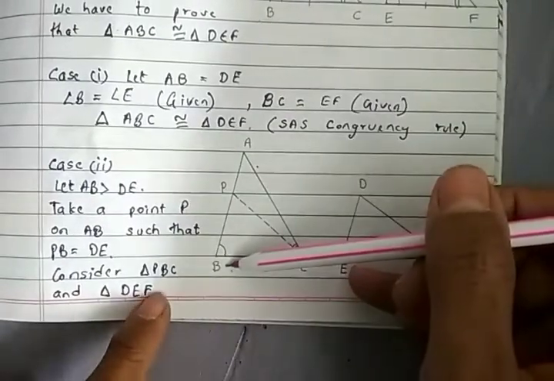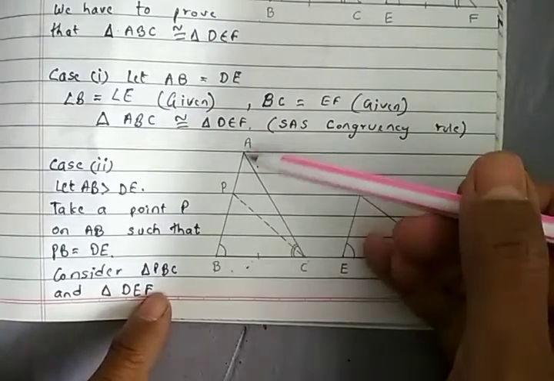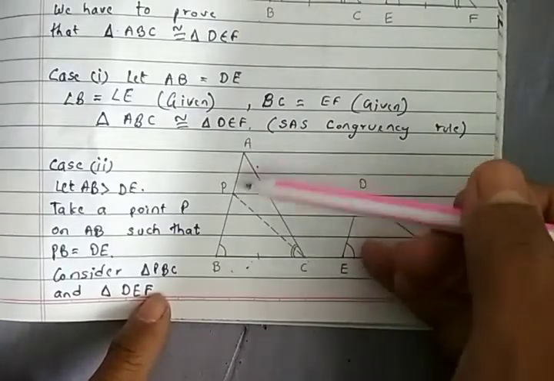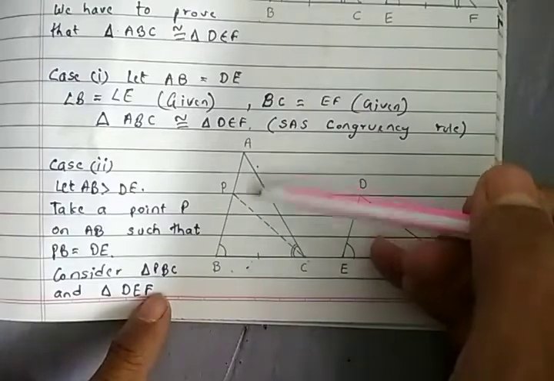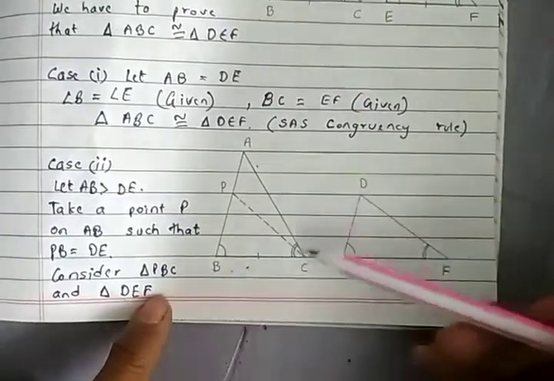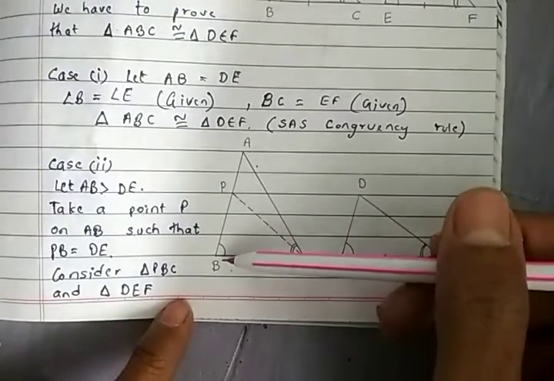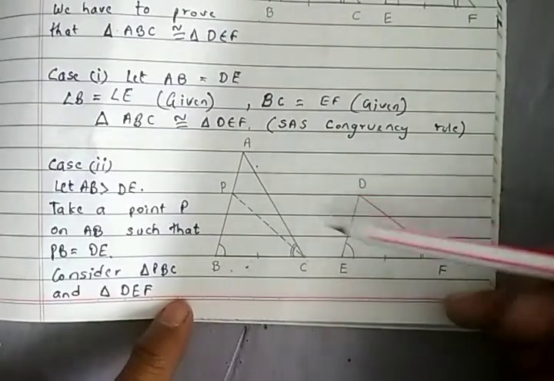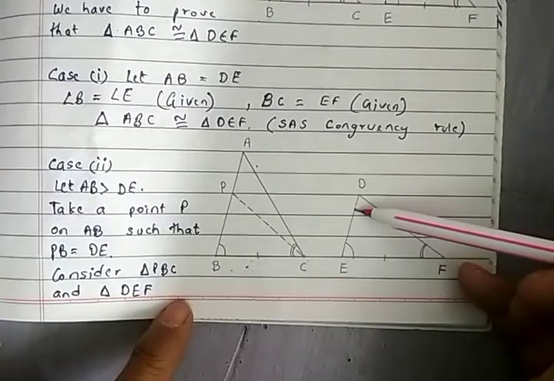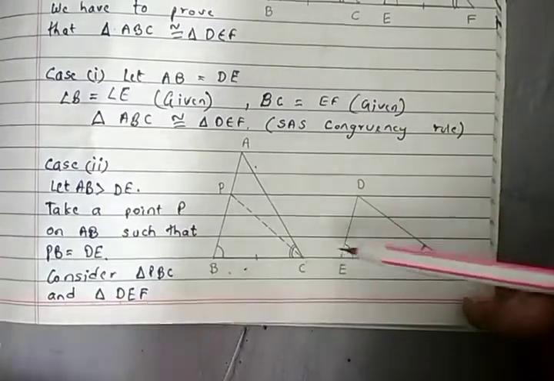How is it possible? Only when A and P coincide with each other, means they meet each other, then only this angle will be equal. So BA will be equal to ED, right? Then only that angle will be equal.